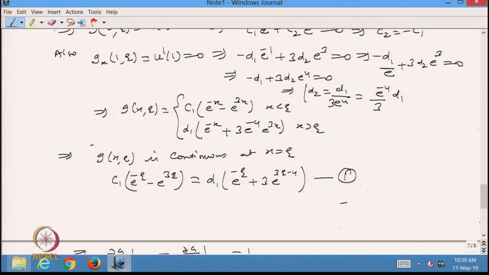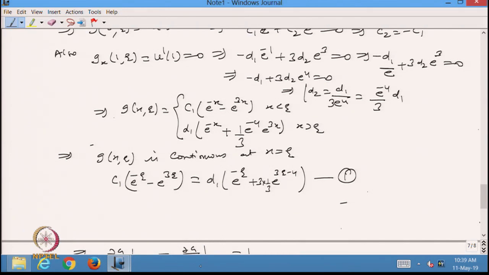So, from here, if I change this one, it becomes 1 by 3, and then I can change this also. So, this will be 3 times into 1 by 3, right.